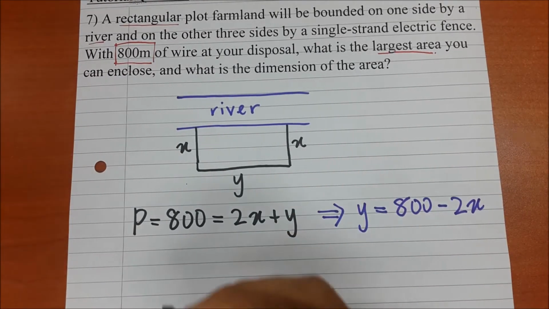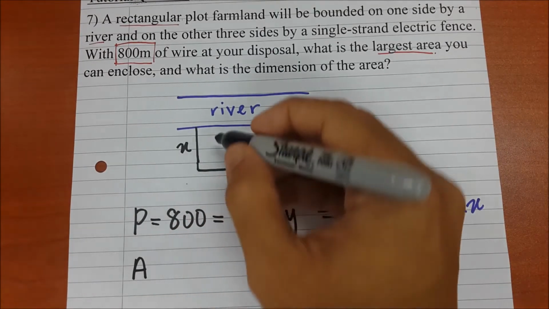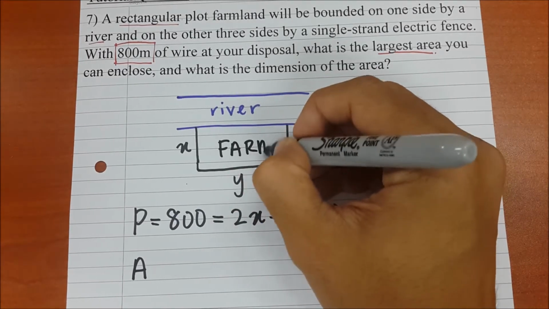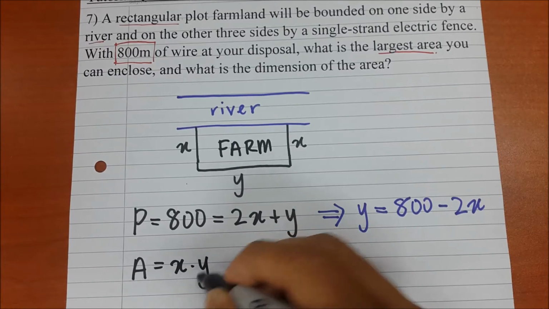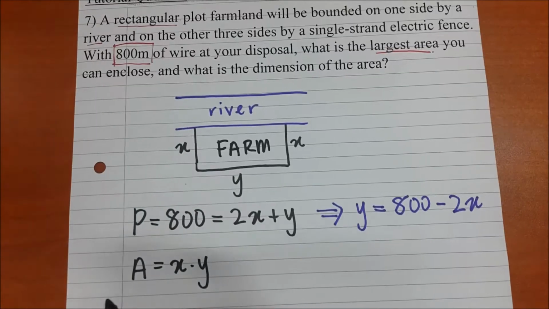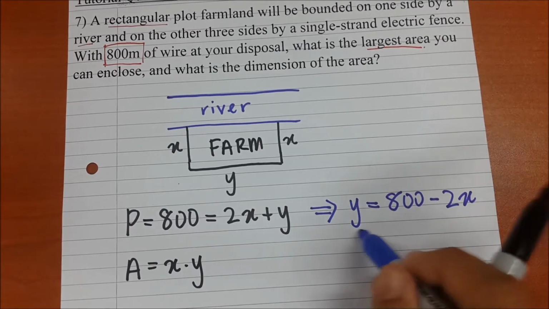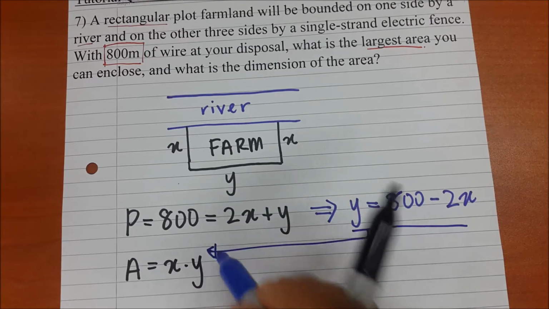Alright, so let's go back to the question. The question asks what is the largest area? Right, the area of this land, of this farm, would be X times Y. Right, but we have already found our Y here, so we are going to substitute this Y inside here.